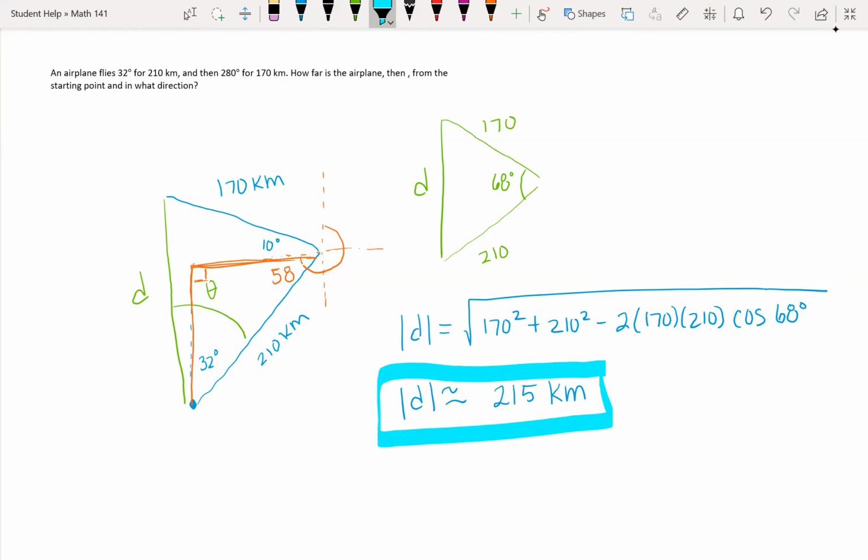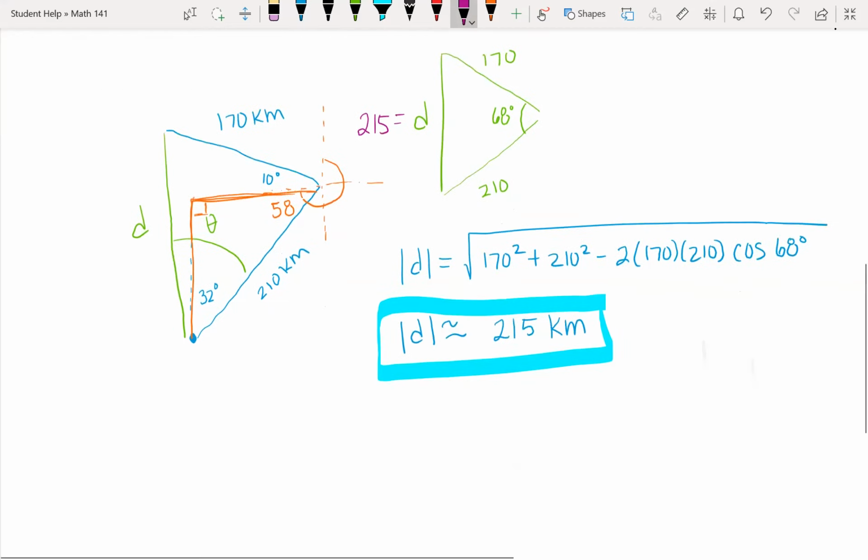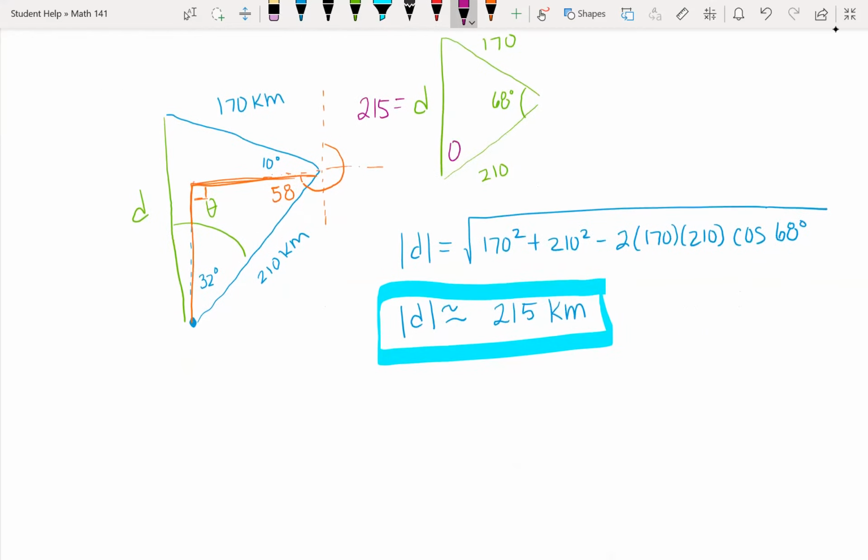The second part is to find that missing angle. And so once we're able to know this additional missing side, if we say that this is 215, then we can use the law of sines to find the angle that we're trying to find, which is there.